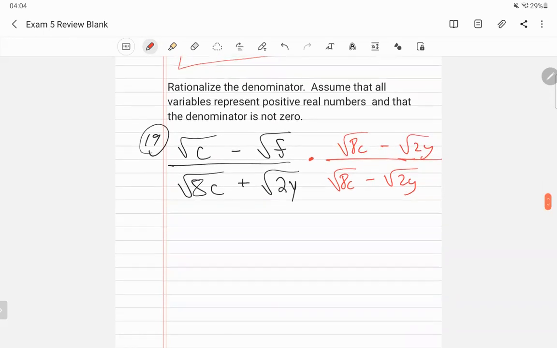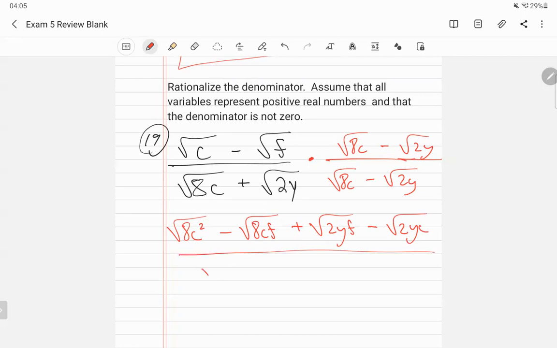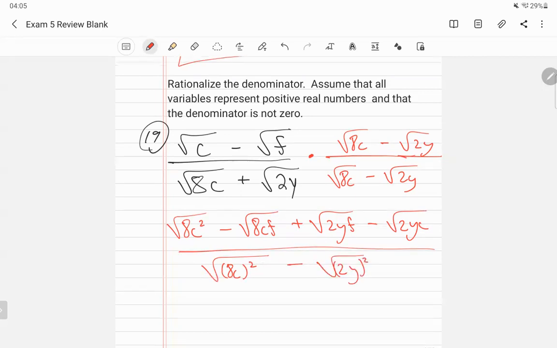Okay, so we would get here 8c squared minus 8cf plus 2yf minus 2yc all over 8c squared minus 2y squared.